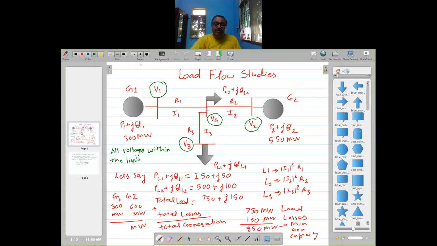But there is one more requirement, and that requirement is in this transmission line, how the power will flow. So another name for load flow is power flow.